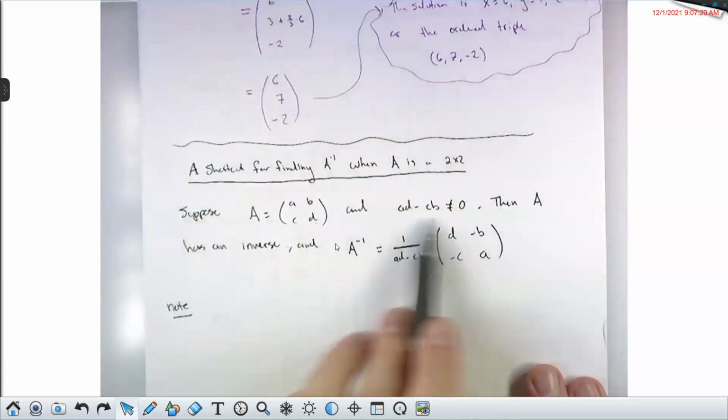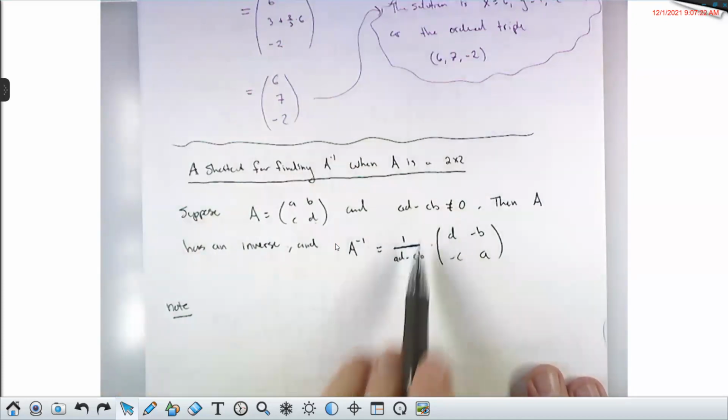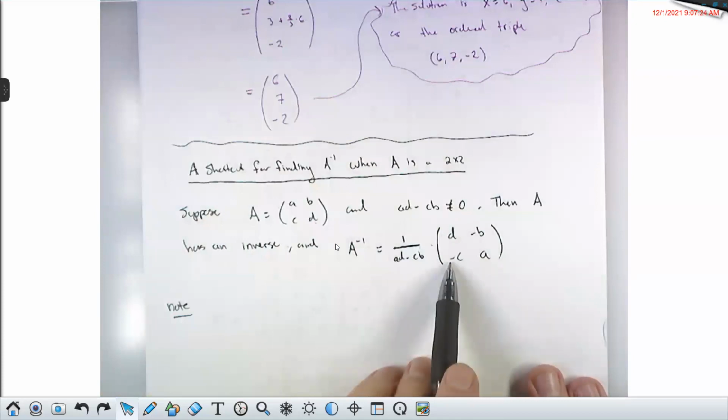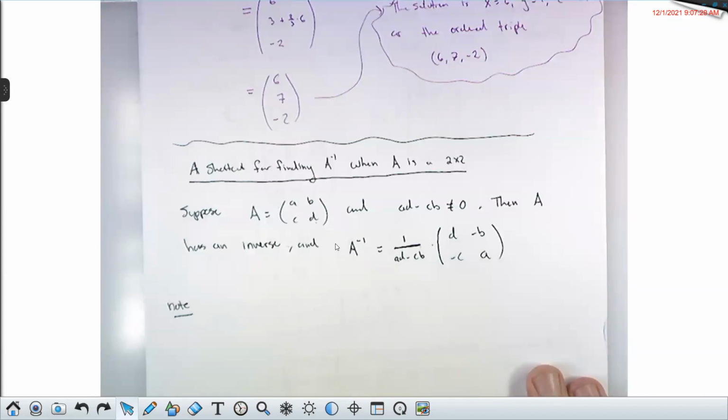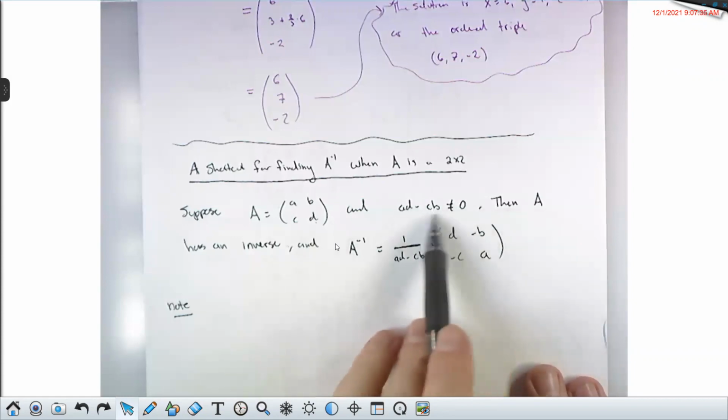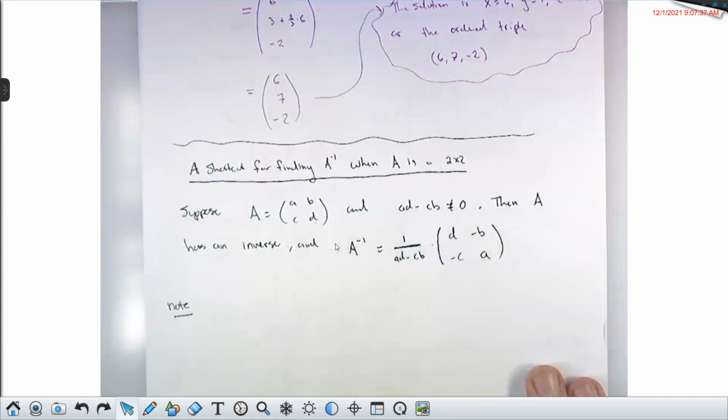That's why I said I need this to not be 0, because I'm going to divide by that number, times the matrix D, negative B, negative C, A. And the first condition is that AD minus CB is not equal to 0.